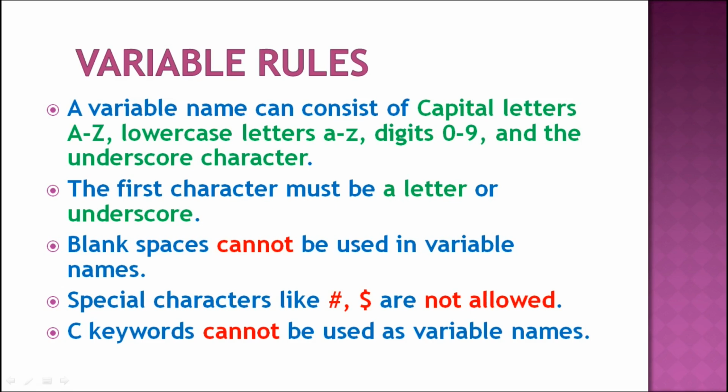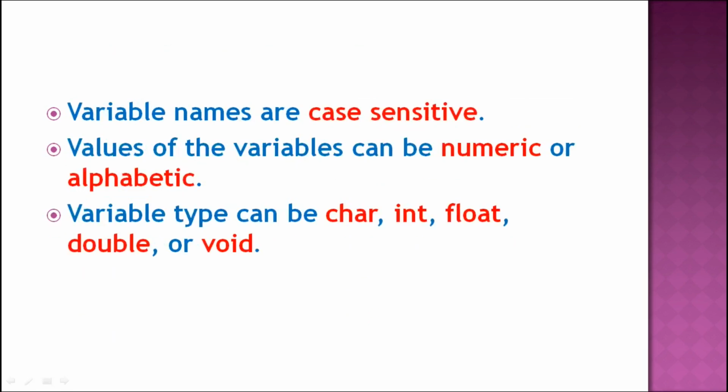The first character must be a letter or an underscore. Blank spaces cannot be used in variable names, and special characters like hash and dollar are not allowed. C keywords cannot be used as variable names. And variable names are case sensitive.